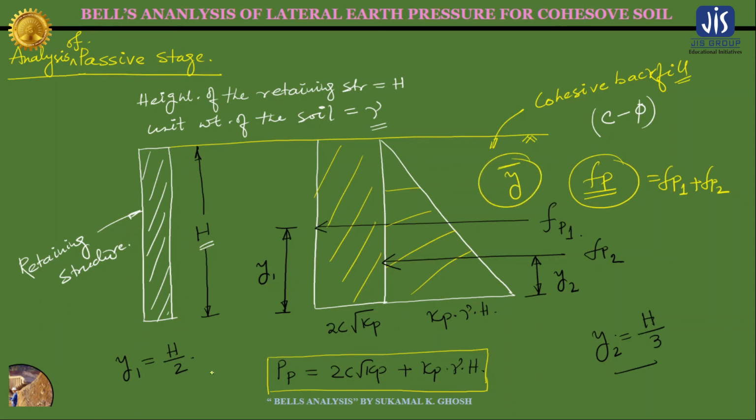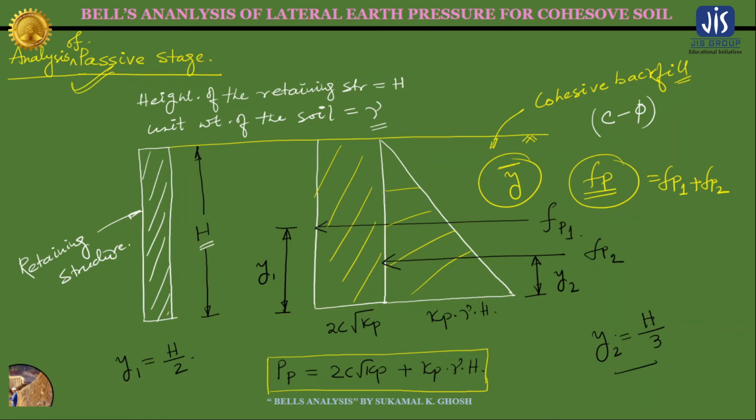Okay, so for this whole analysis of passive stage, you may observe that for the case of passive earth pressure, we do not need to think about the HC or the critical depth. For the analysis of active stage, or for the calculation of active earth pressure, we need to think about the critical depth, right, because the tensile cracks occur at the time of the active stage.